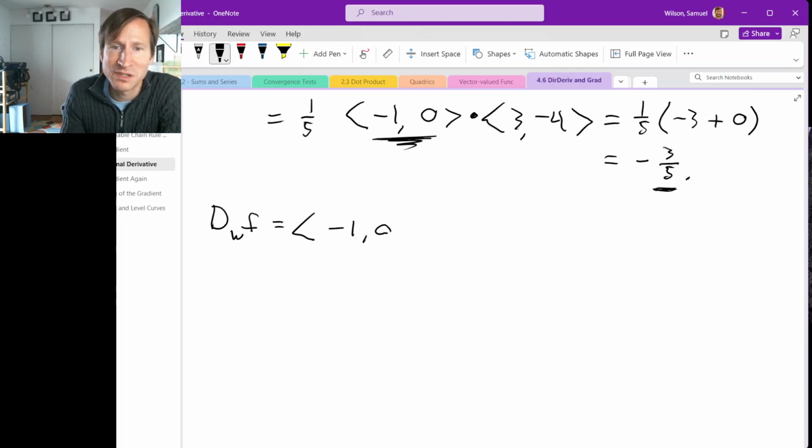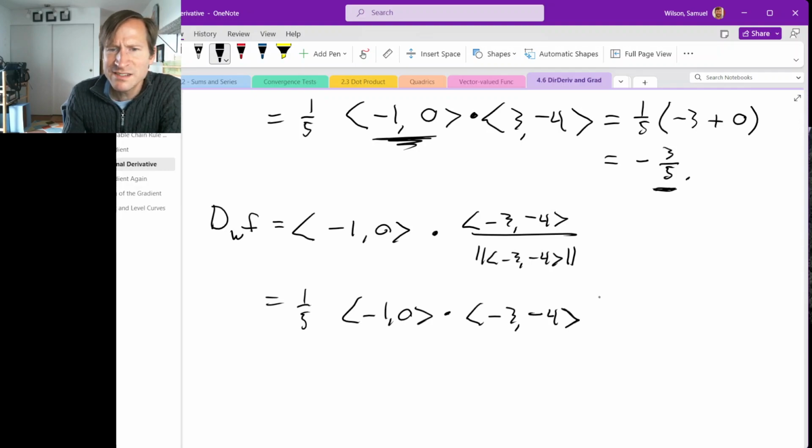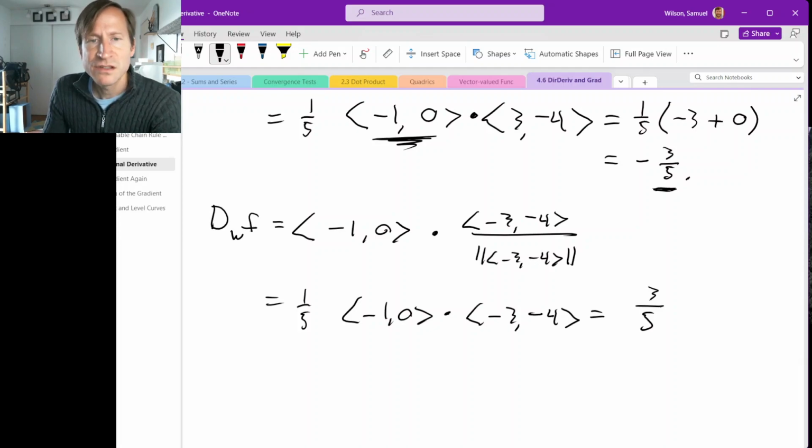So minus 1 comma 0, but our vector w this time was minus 3 comma minus 4. So we need to divide that by the magnitude of minus 3, minus 4. Okay, that magnitude again is 5, so let's pull 1/5 out front. And so we have 1/5 times minus 1, 0, dotted with minus 3 comma minus 4. And this time this comes out positive. It turns out it's positive 3/5 this time.